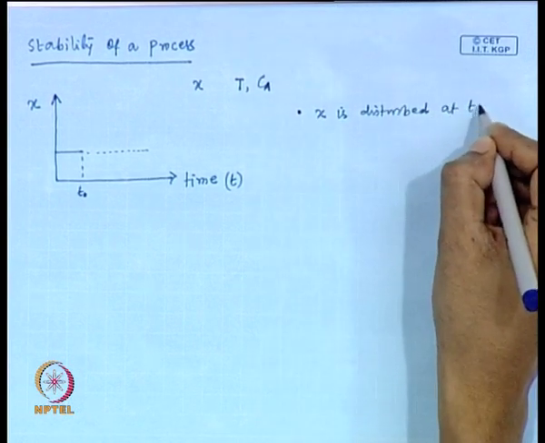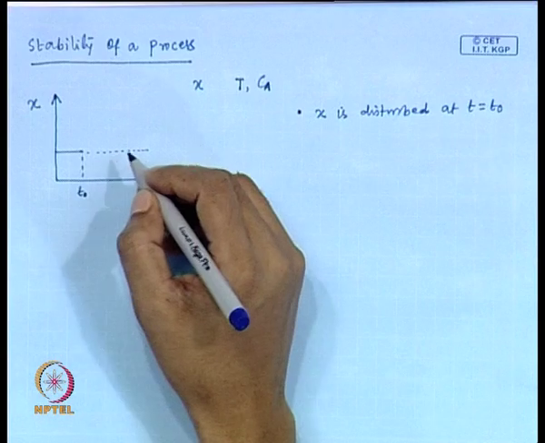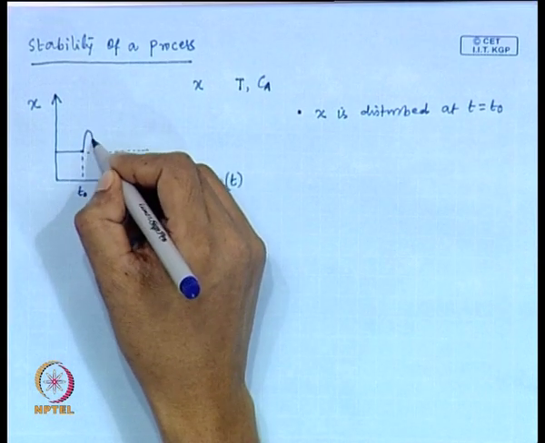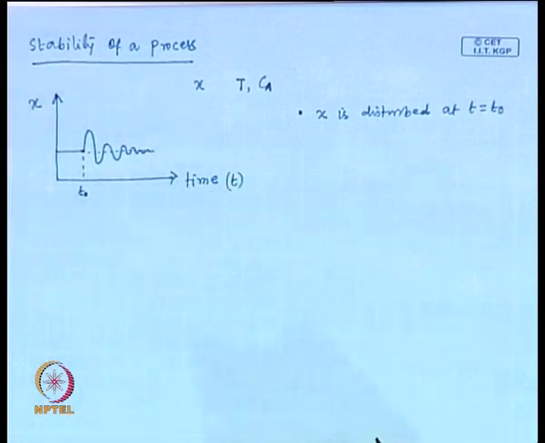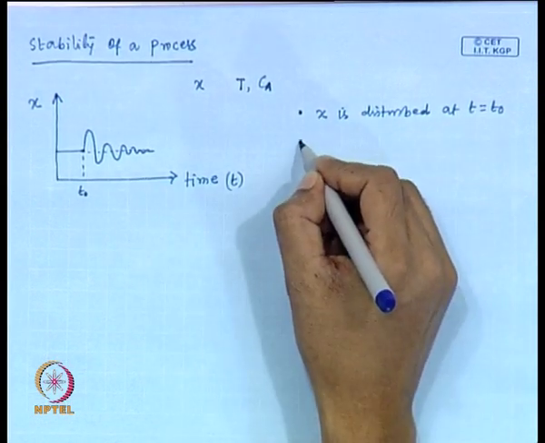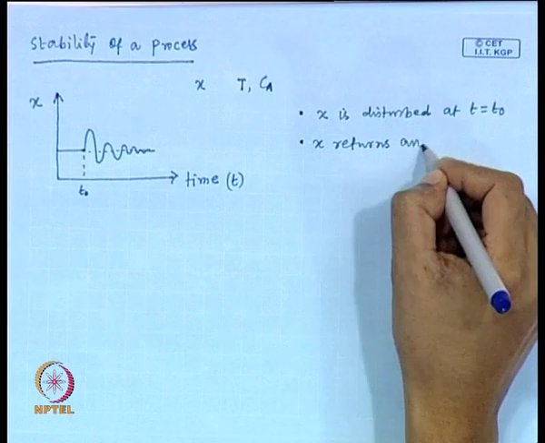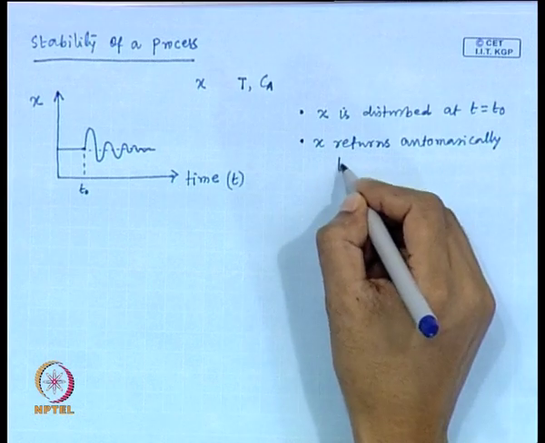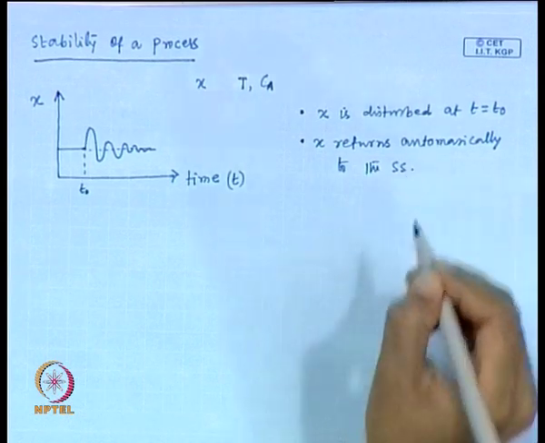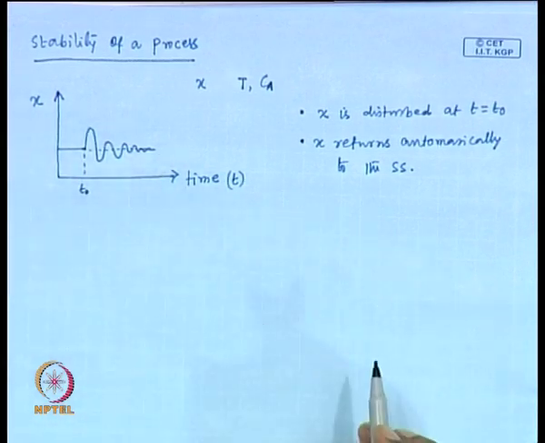As a result, the x shows this type of response. That means, x returns automatically to the steady state.